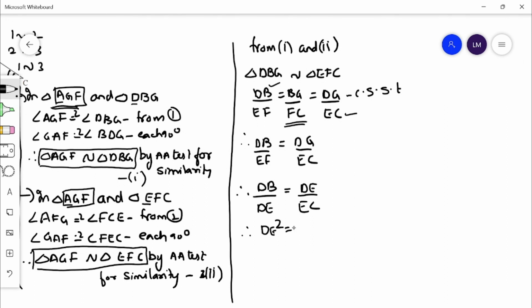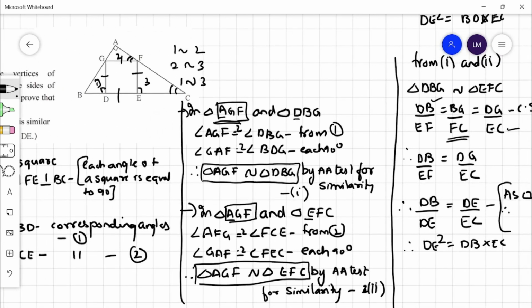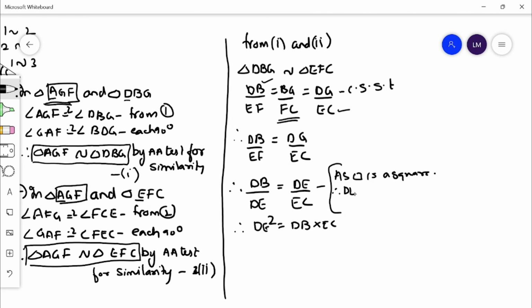Therefore DE square is equal to DB into EC. Also here we can write the reason: quadrilateral is a square, therefore all sides are equal. The quadrilateral's name is DEFG, right? So DE is equal to EF is equal to FG is equal to GD. So that's why instead of EF we wrote DE, and instead of DG we have written DE. So after cross multiplying we got the answer. So this is hence proved.